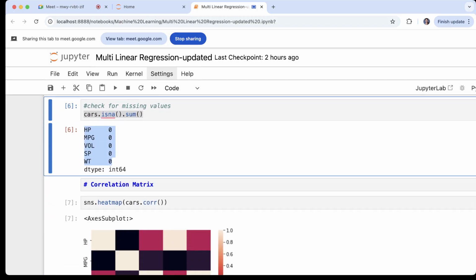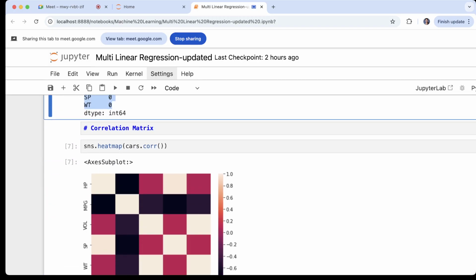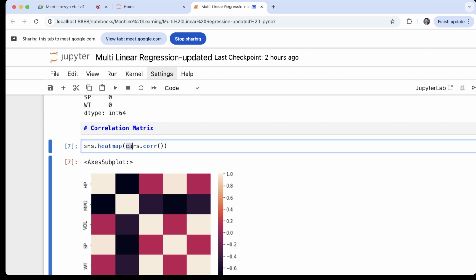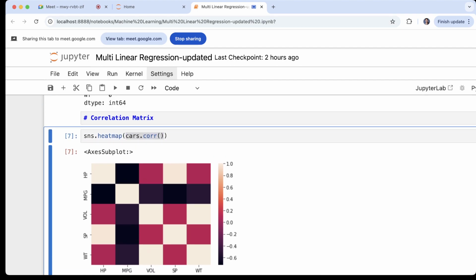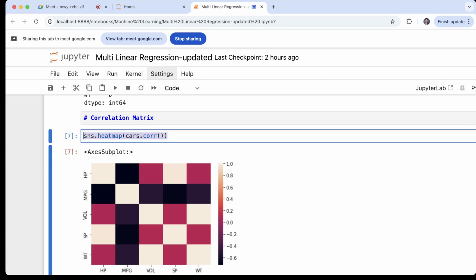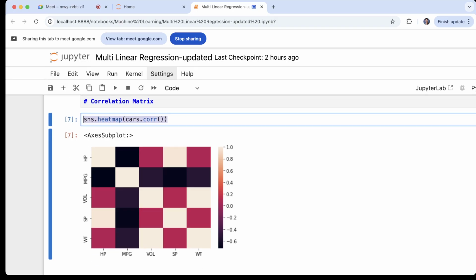Okay. So whatever correlation we plotted, we can plot the heat map for it. Heat map will just give us a color gradient according to the values.